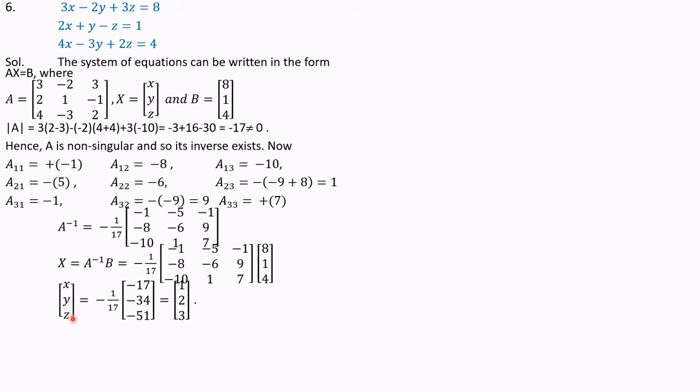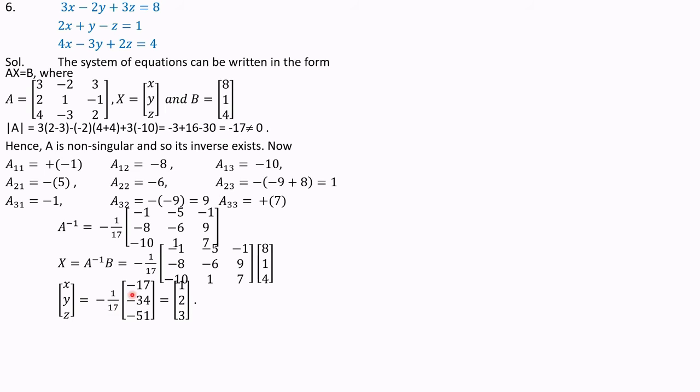Therefore, X, Y, Z is equal to minus of 1 by 17 into: minus 1 into 8, minus 8, minus 5, minus 4. That is minus 17. Then minus 64, minus 6 and plus 36. You get minus 34. Then minus 10 into 8 is minus 80, 1 into 1 is 1, plus 81 and 28. We get minus 51.